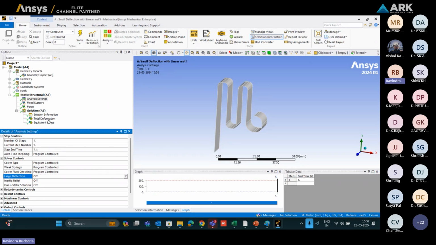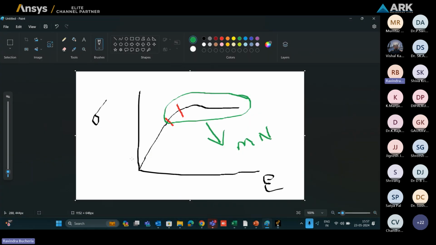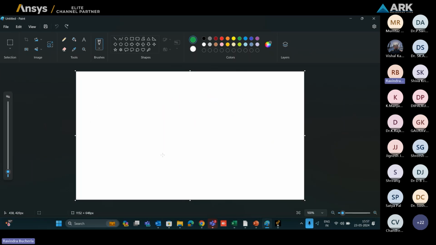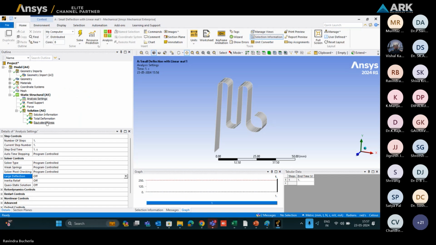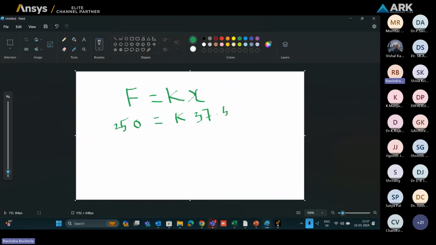A linear problem means the stiffness K is constant, when I apply F equal to K into X. So F is here 250 newtons, and for stiffness K, I am getting 37.55 mm.